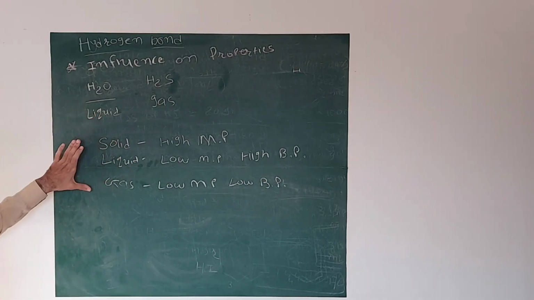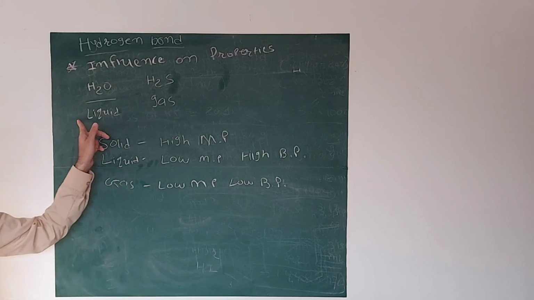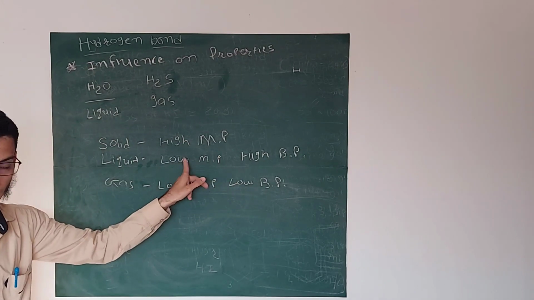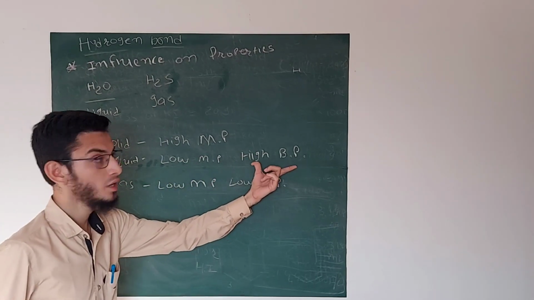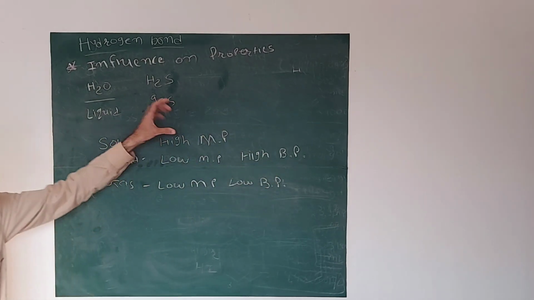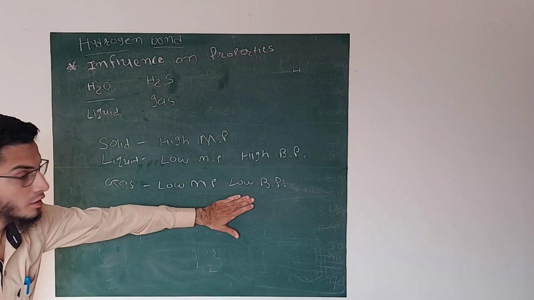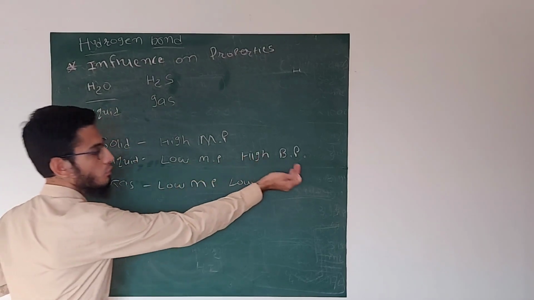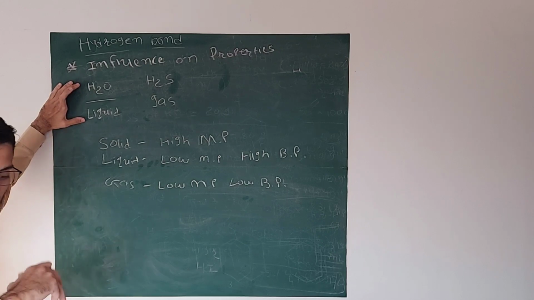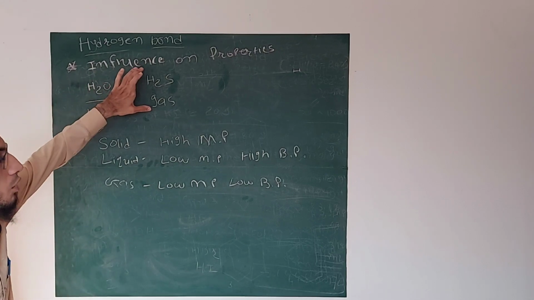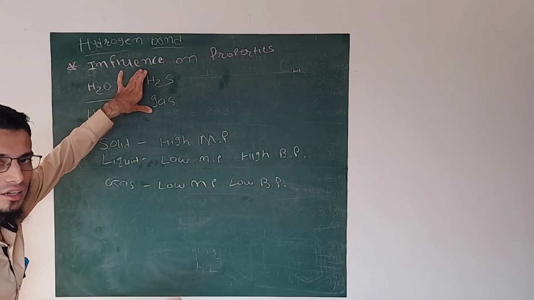So this is only for the state of matter. It has a low melting point but a high boiling point. Then H2S has a low boiling point and H2O has a high boiling point. Why? Hydrogen bond acts at the intermolecular level and van der Waals force acts at the intermolecular level.